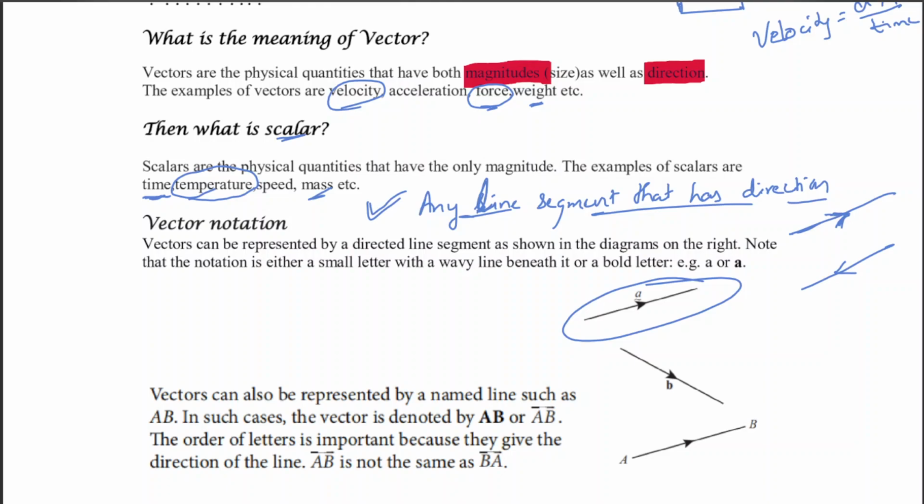So to give the notation to the vector, we can write the vector in this format. For example, if this is the line and we want to denote this line as a vector, either we can write a bolded A, a little bold one, or a small a, or else a bolded letter A, or else we can also write the vector with a small a and a small cap on it.